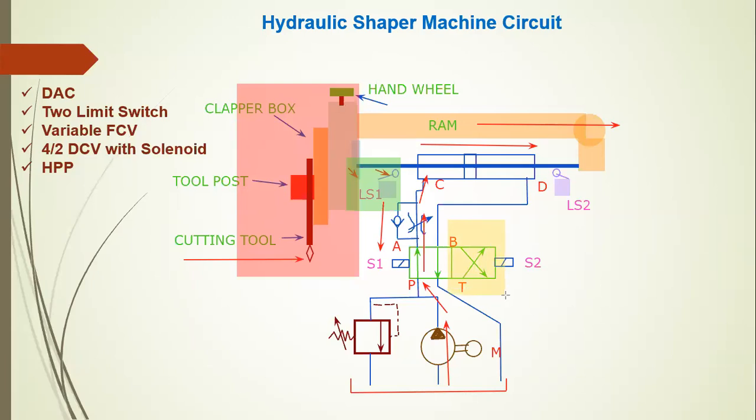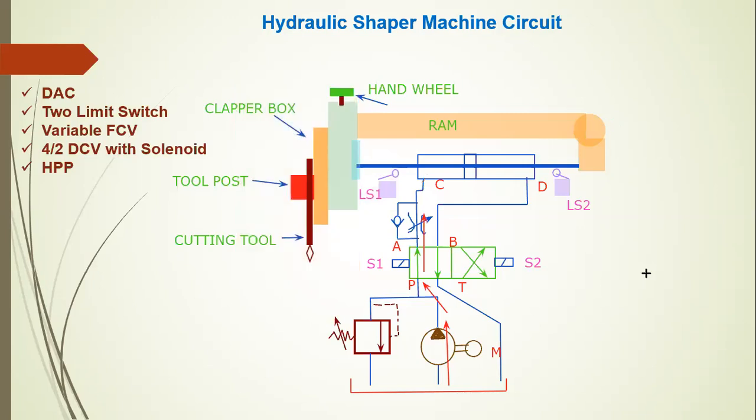Next, the second actuation process starts to work, and another stroke starts. We have to understand this other stroke. It operates from the other side of the 4 by 2 direction control valve. The oil passes from the hydraulic pump to the direction control valve, and from the direction control valve enters the other side of the cylinder.